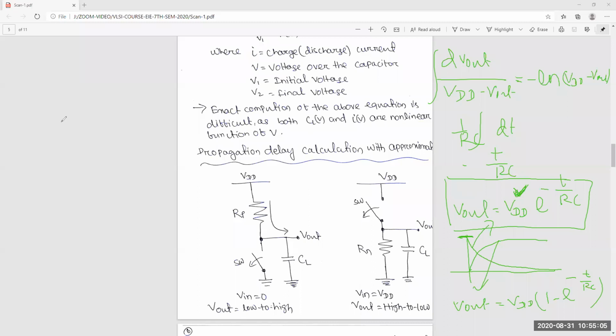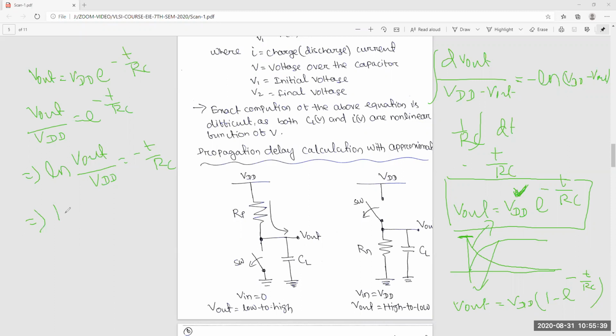Or otherwise, suppose you simplify the first equation, discharging: V out is equal to VDD e to the power minus T by RC. So V out by VDD is equal to e to the power minus T by RC. Taking ln, ln of V out by VDD is equal to minus T by RC.